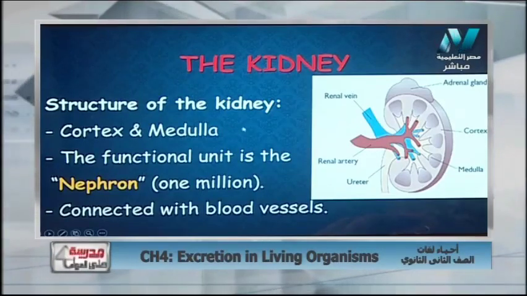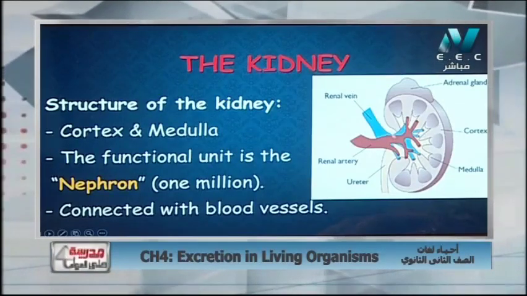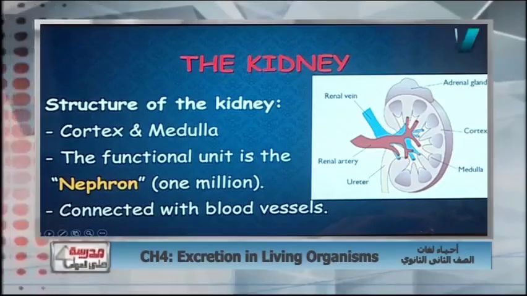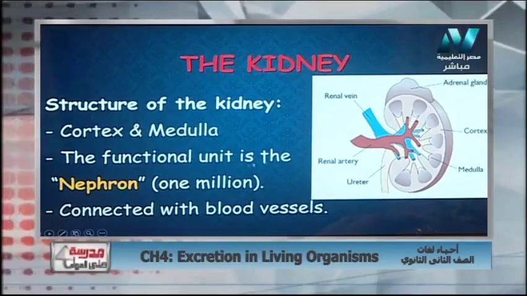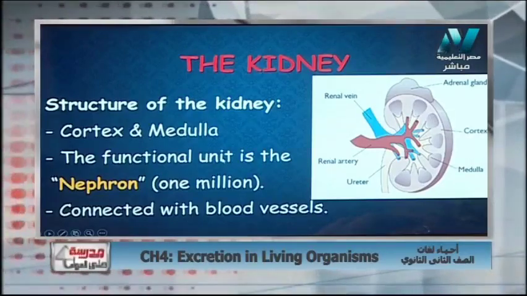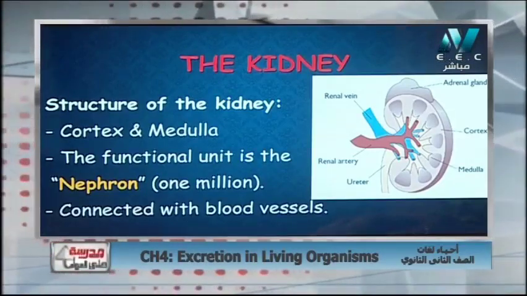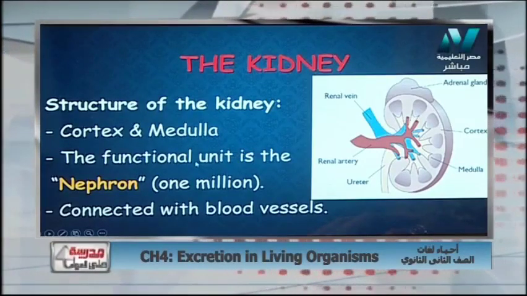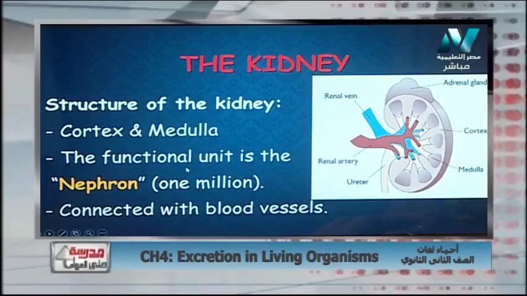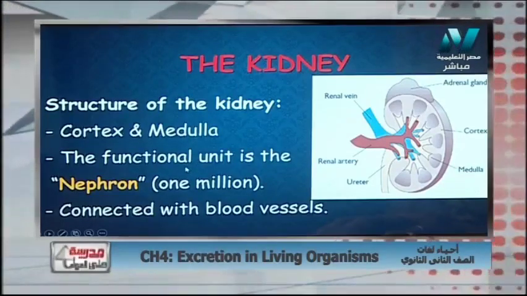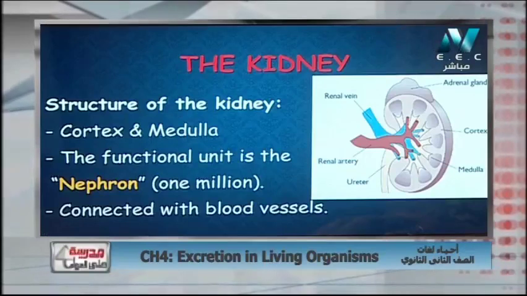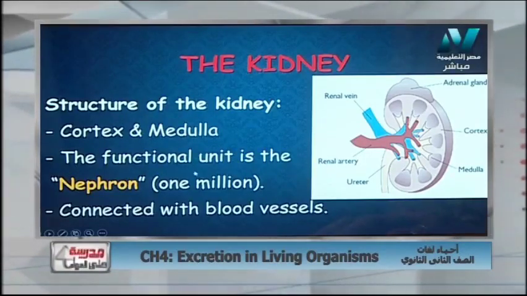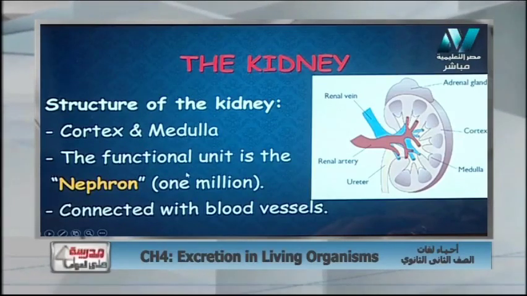Moreover, we can remove part of the kidney and live with 1/4 of the kidney volume, because the other nephrons that remain in the kidney can carry out the function of other nephrons. This is because the nephrons are similar in structure and in function.